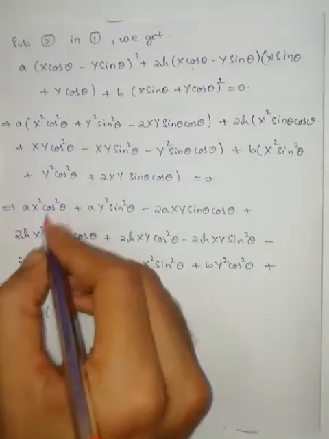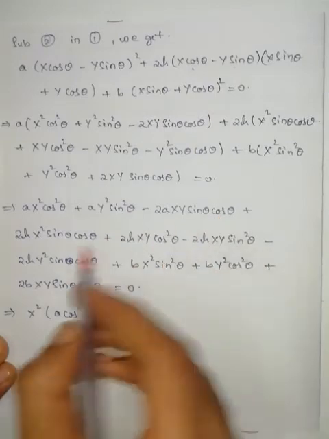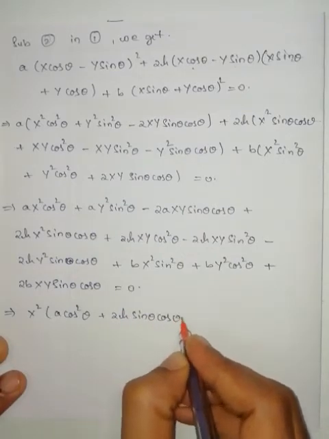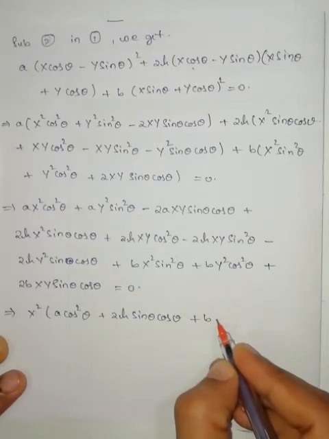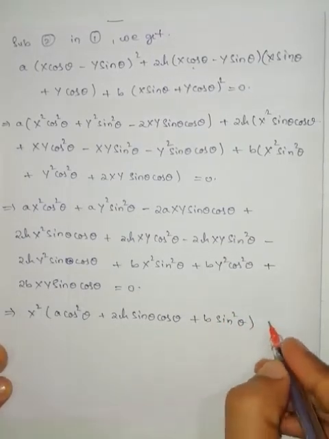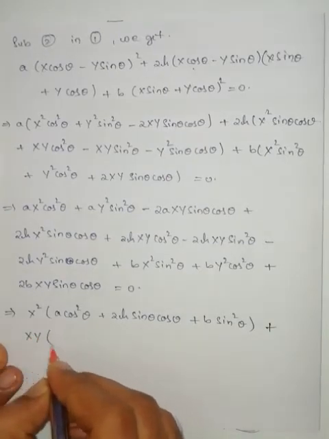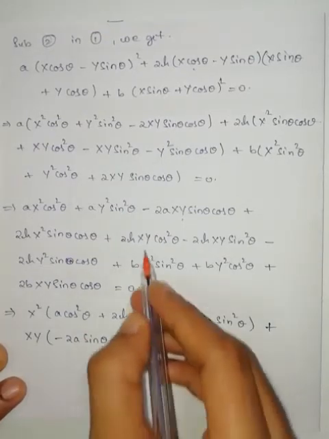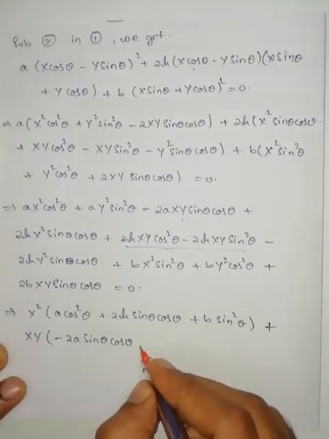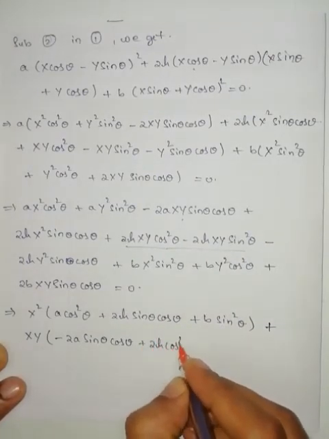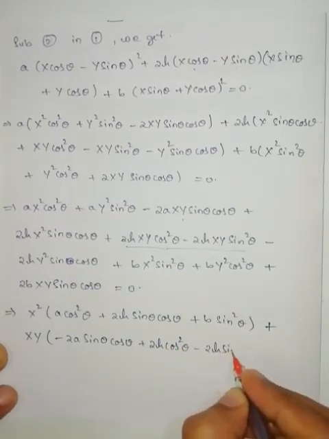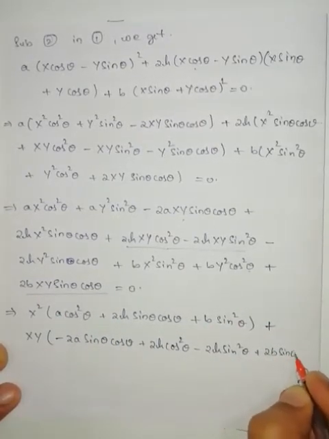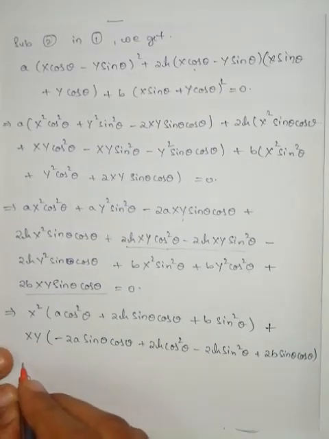x square. So first here we will get a cos square theta, next 2h sin theta cos theta, plus b sin square theta, plus now xy term, minus 2a sin theta cos theta plus 2h cos square theta minus 2h sin square theta plus 2b sin theta cos theta, plus now y square terms.